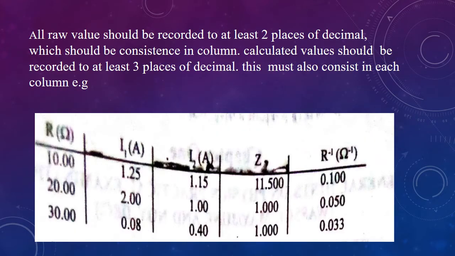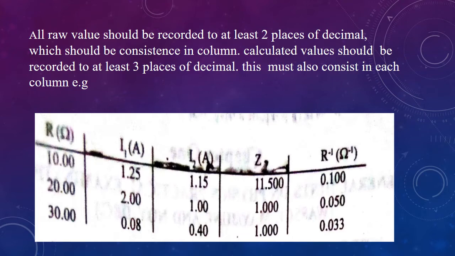Just like I said earlier, all values should be transferred into your workbook directly. Avoid the use of sheets of paper. Now, when students are taking their readings, you notice some raw values will be determined. For example, you are given resistances.